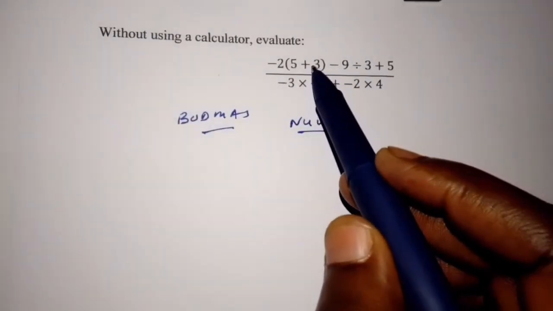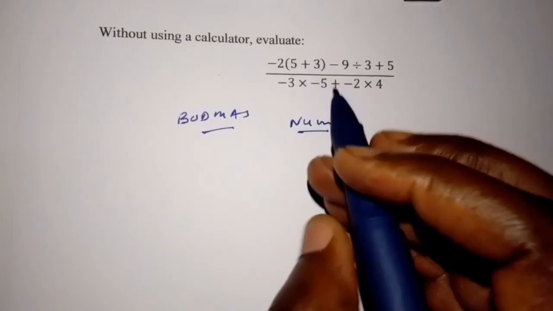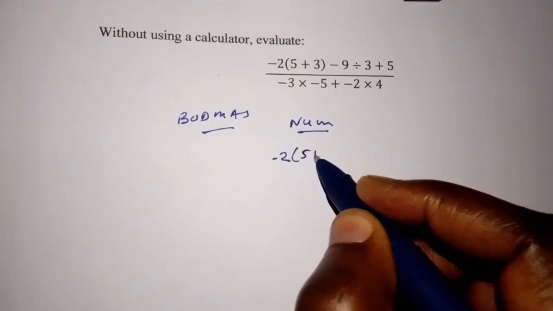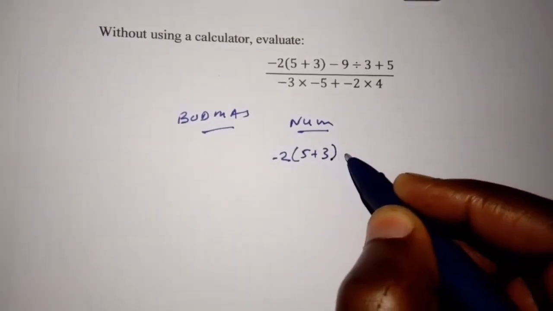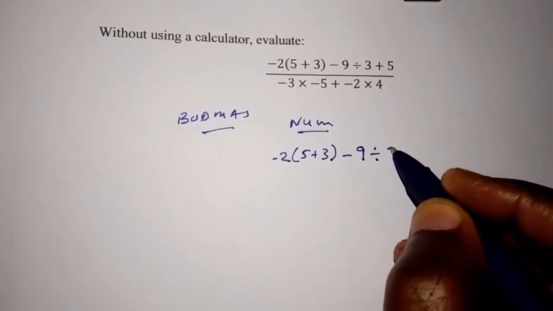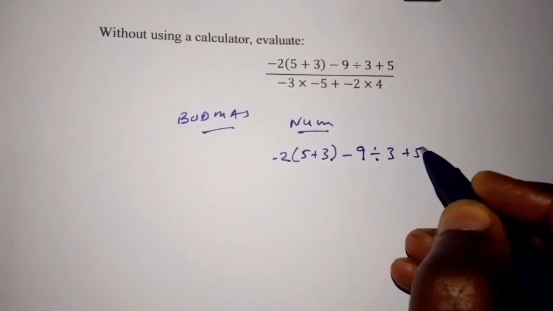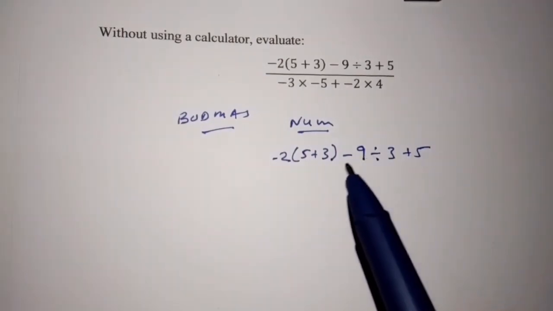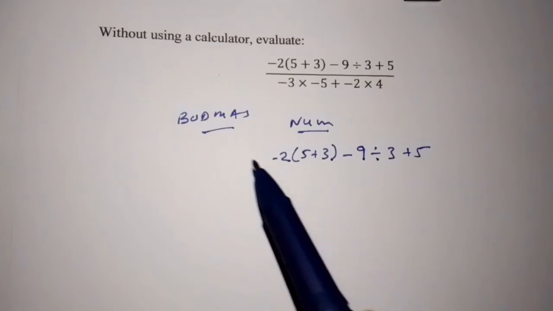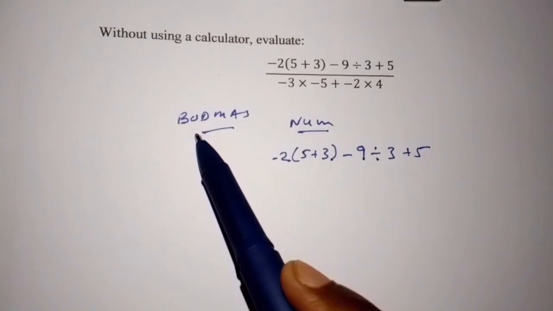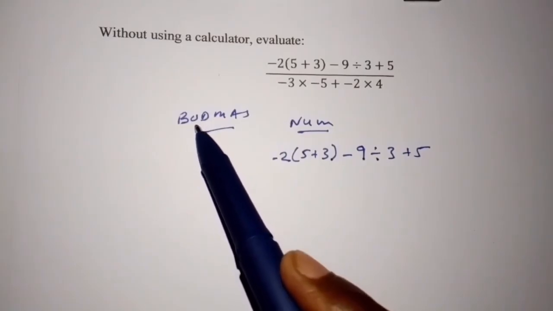The numerator is -2(5 plus 3) minus 9 divided by 3 plus 5. BODMAS starts with brackets.